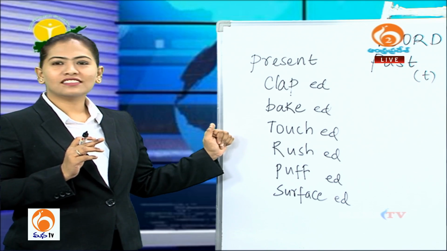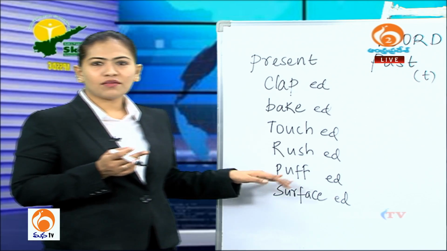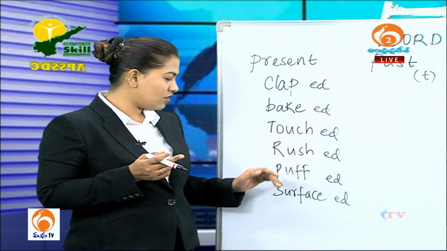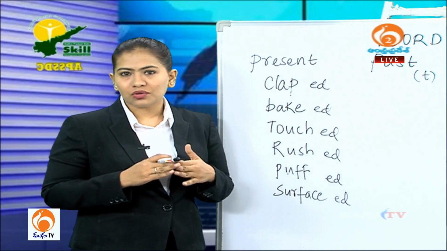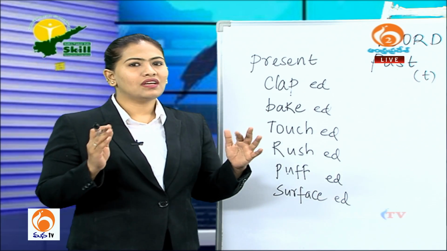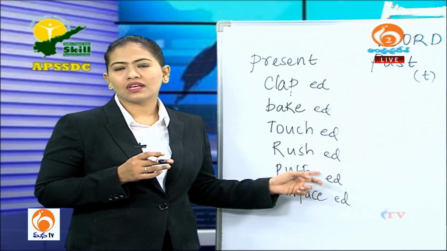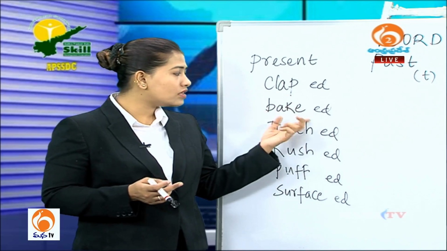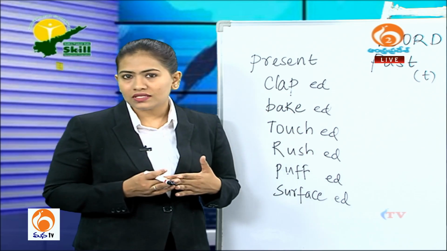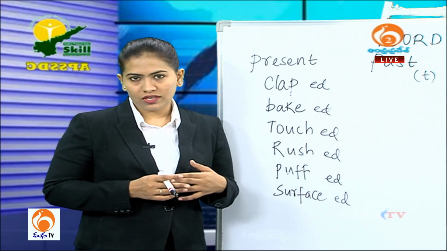Touch-ed is incorrect again. I cannot say rush-ed, I cannot say puff-ed, I cannot say surfac-ed. I give a very subtle t sound to it. The only logic is that these are voiceless sounds, and the English language follows a pattern for word endings where, in case they end with a voiceless sound, they all take a t sound.